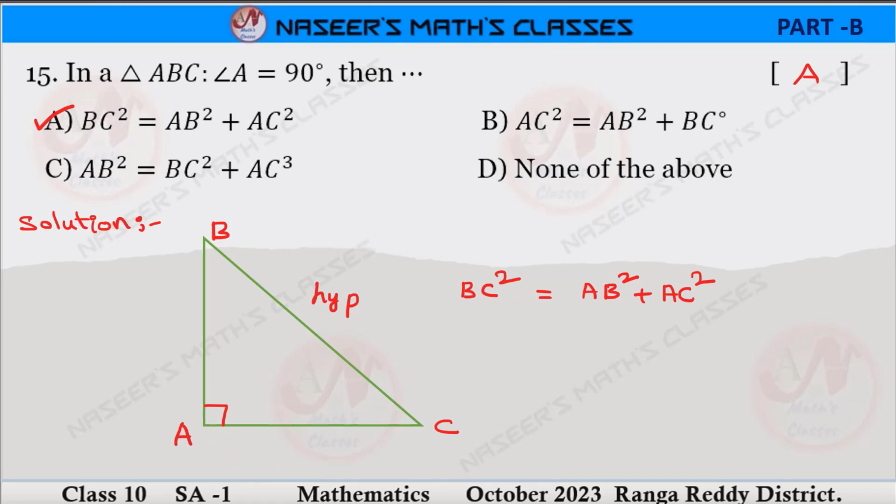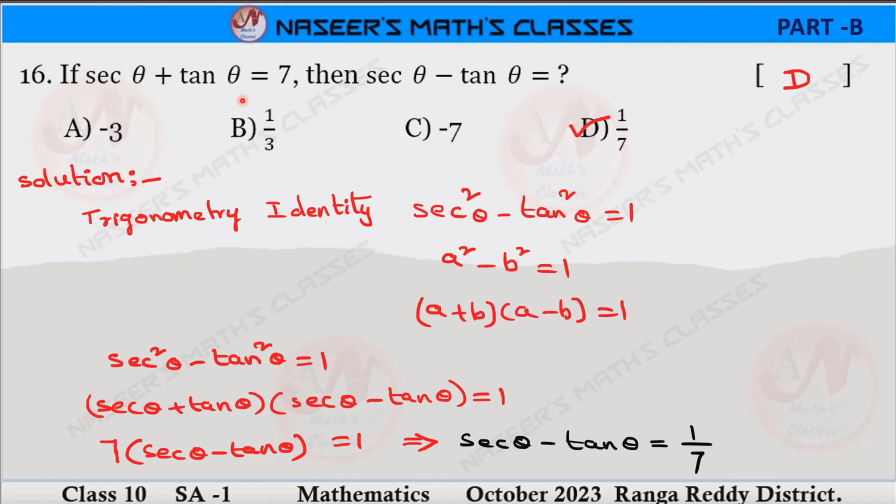If secant theta plus tan theta is equal to 7, then secant theta minus tan theta is equal to how much? So by using trigonometric identity, secant square theta minus tan square theta is equal to 1. It is in the form of a square minus b square is equal to 1. A square minus b square is written as a plus b into a minus b.